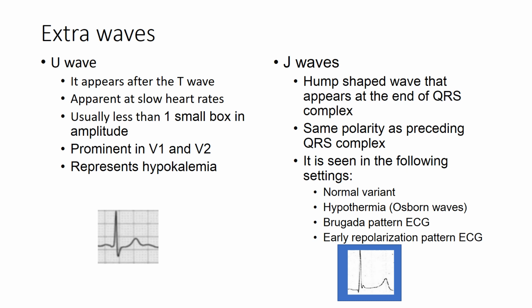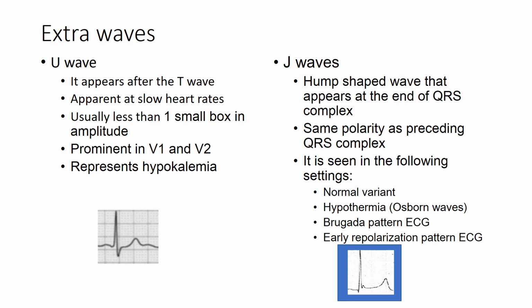Another important extra wave which can be visualized in ECG is the J wave, which is a hump-shaped wave that appears at the end of the QRS complex, and it has the same polarity as the preceding QRS complex.